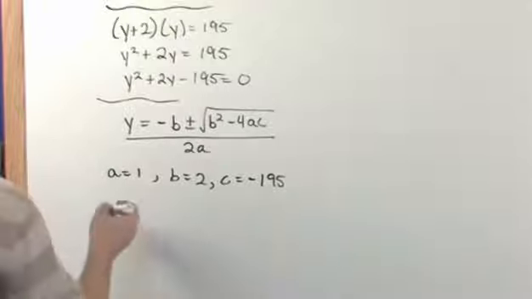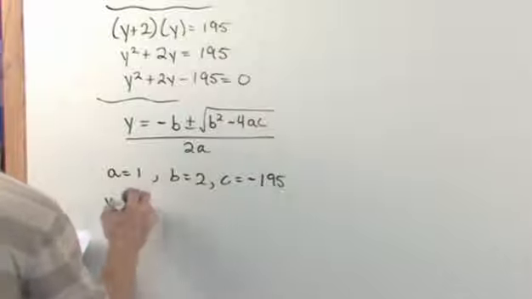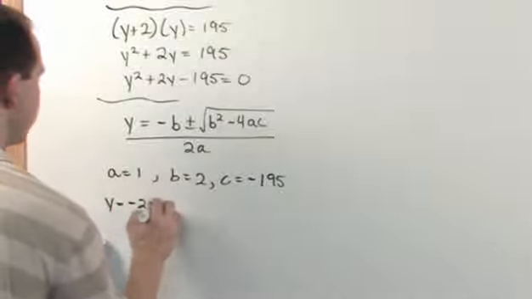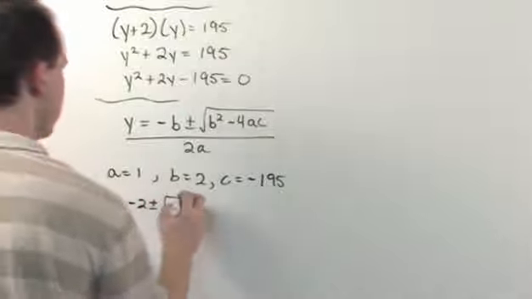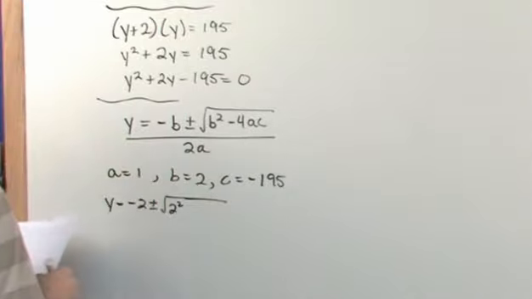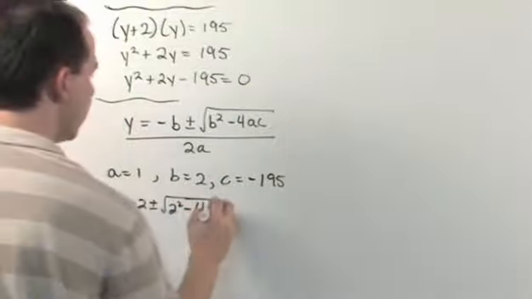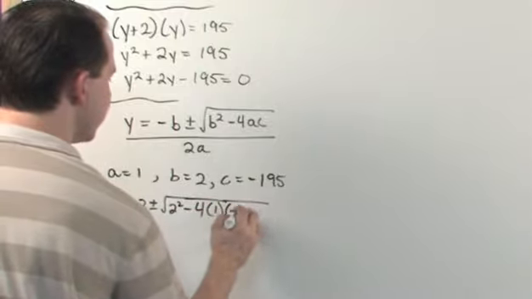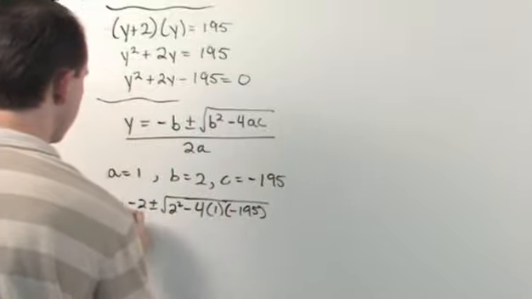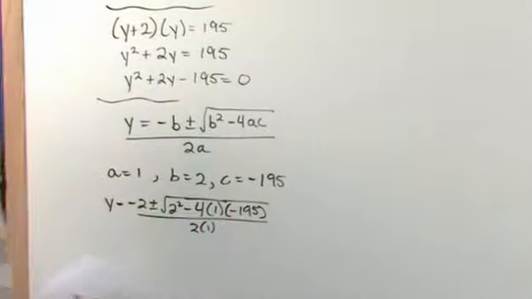So doing that, y is going to be equal to negative 2 plus or minus the square root of 2 squared, because it's b squared, minus 4 times a, which is 1, times c, which is negative 195, over 2 times 1. Okay?